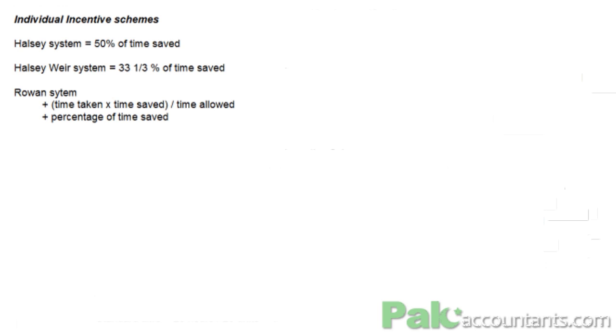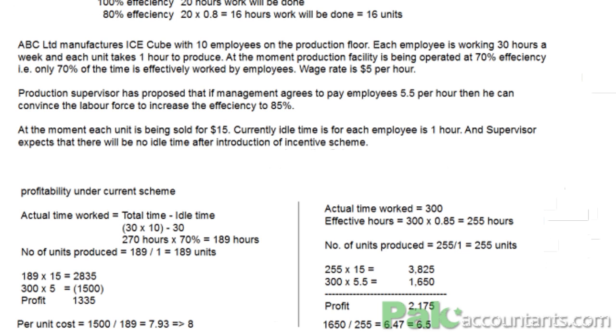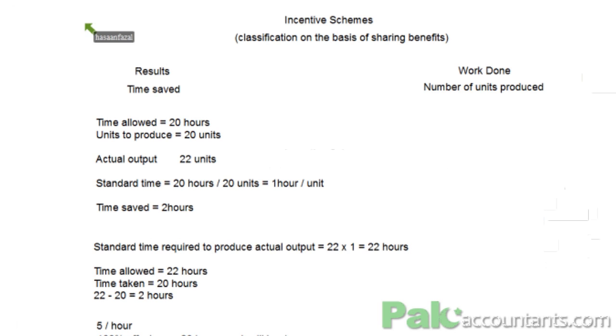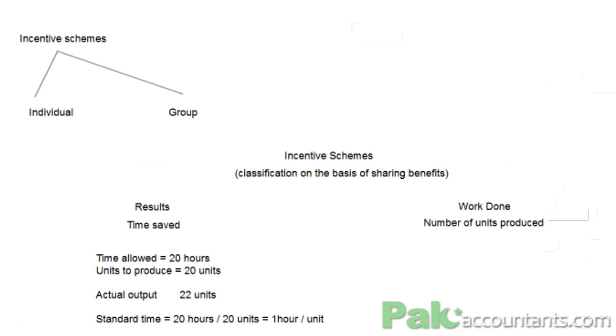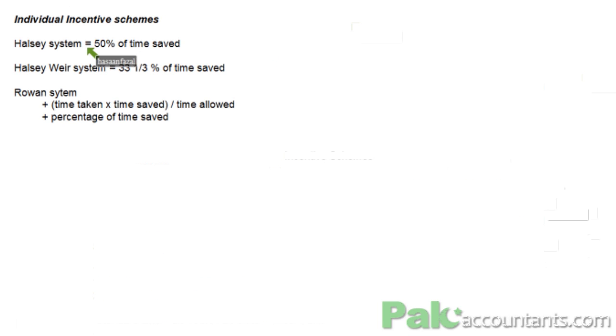But remember one thing, that all these three methodologies, or four methodologies in total, are based on the concept of time saved. That is the result, they are all result based. So what we'll be doing is calculating time saved by comparing the time taken and time allowed.